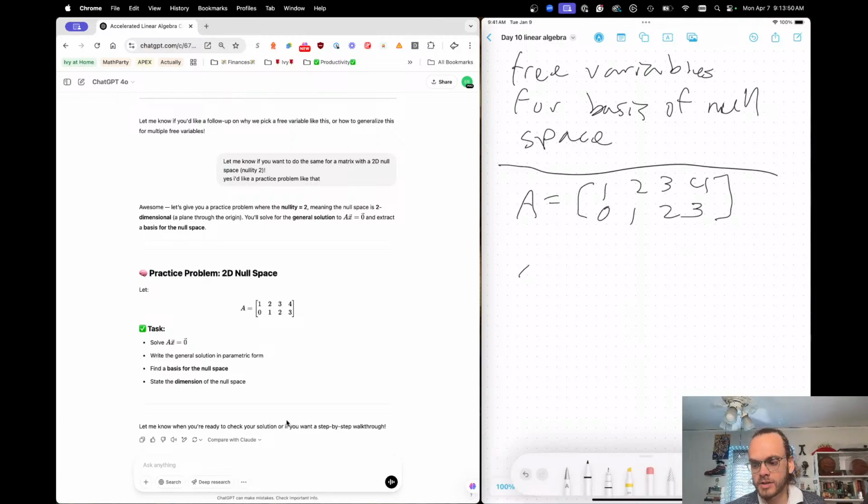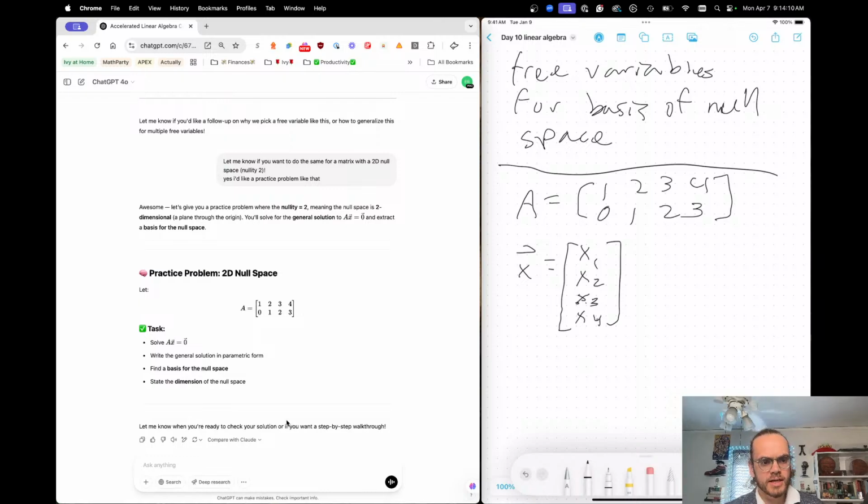Well, I think that the x vector has to be something like x1. I think there's 4 variables because there are 4 columns in this. So that's the x vector, x1, x2, x3, x4.